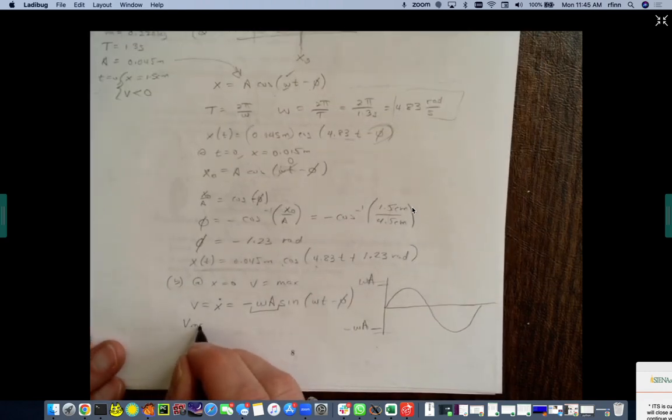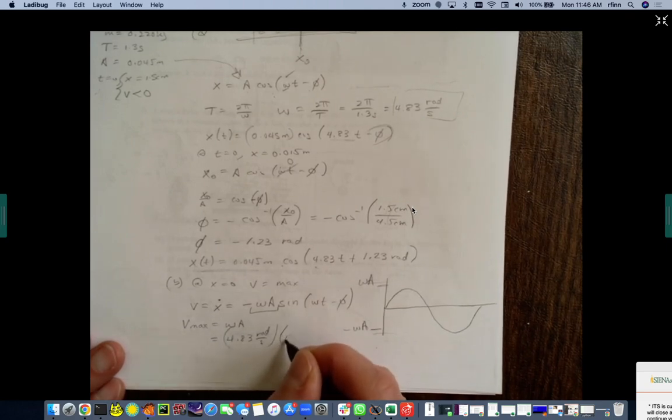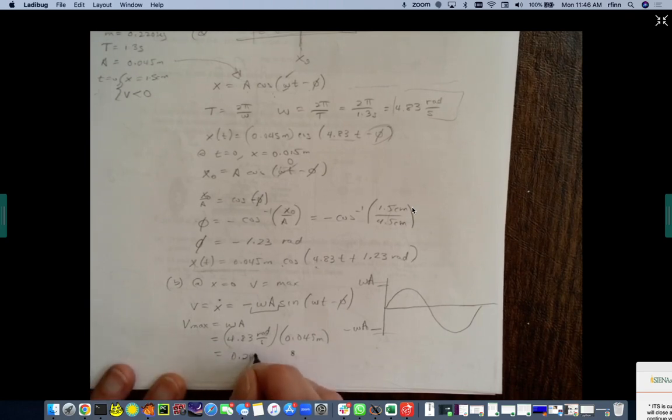So v max equals omega A. So we have 4.83 radians per second, A is 0.045 meters. So we get our max speed is 0.217 meters per second.